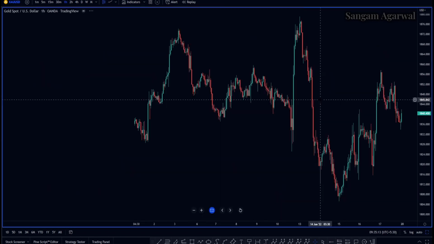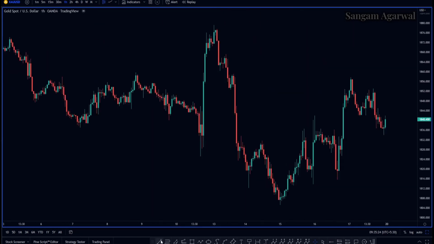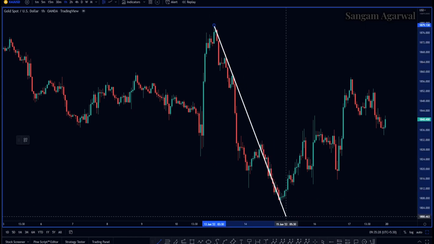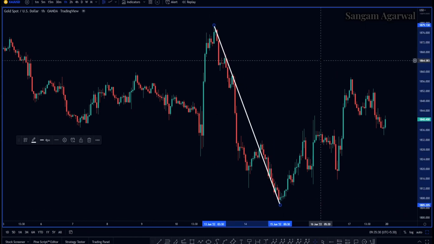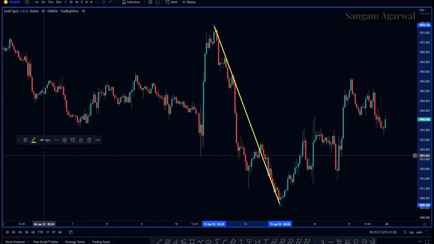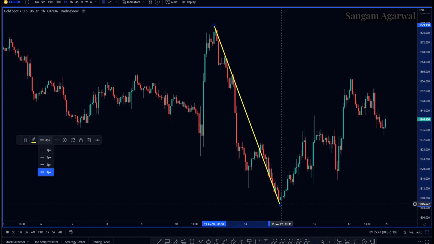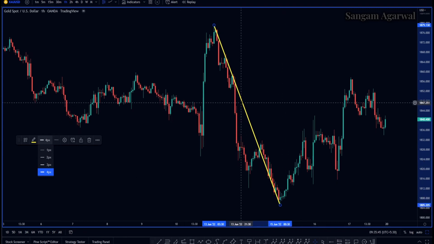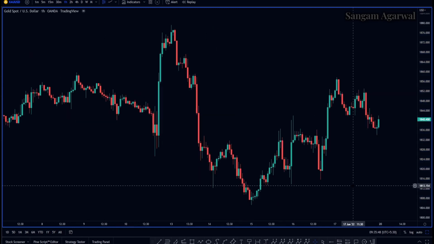And if you go to the H1 time frame, the wave count from this top 1879 to this bottom 1805 is already there in the Telegram channel. When price made this bottom before FOMC.